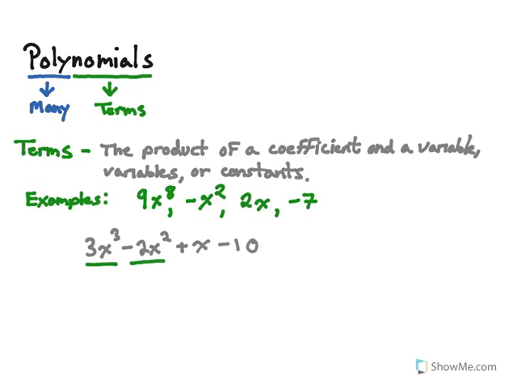Another one would be minus 2x squared. Another one would be plus x, and then minus 10. So there are 4 terms here.